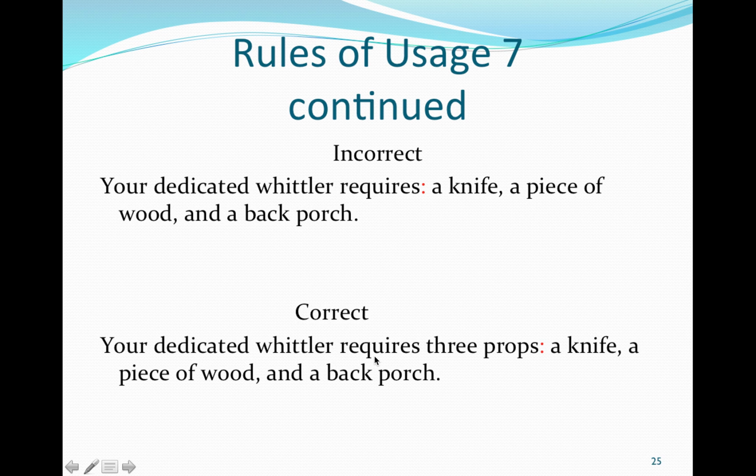Okay, so Whittler requires what? Props. After the word props, which is the answer to the question what is required, then you can make a list of the items that the Whittler requires, because the word props answers the question.